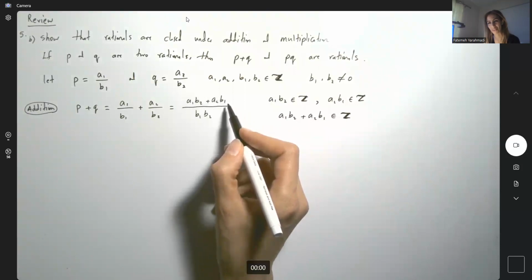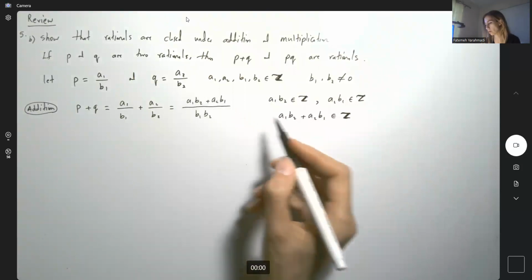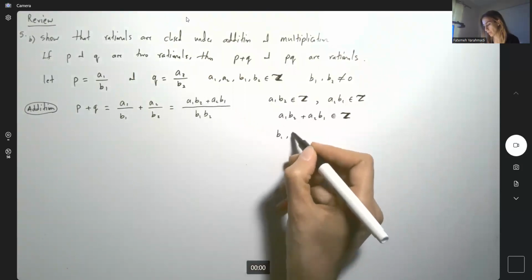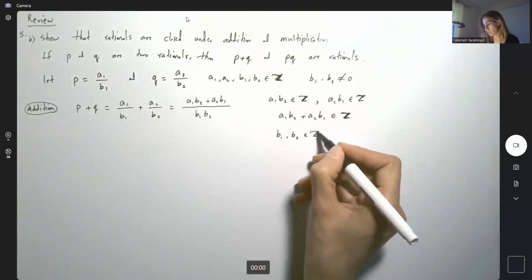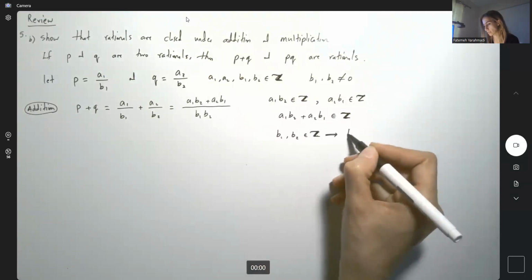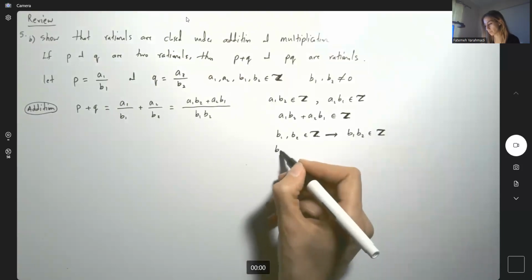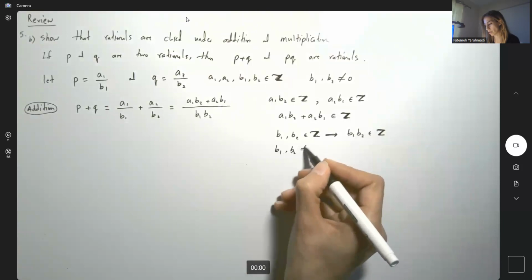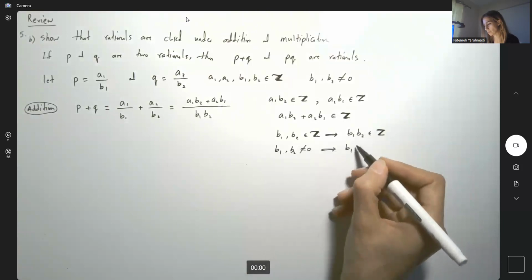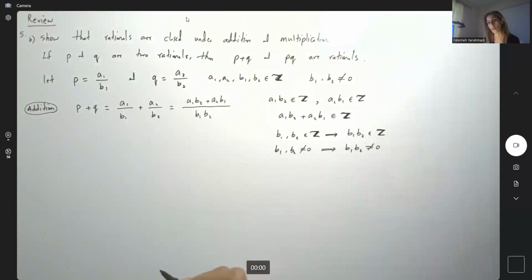Remembering the definition of a rational number, the denominator B1 and B2, both of them are integers, so is B1 times B2. And at the same time, since B1 and B2 are non-zero, you can conclude that B1 times B2 is non-zero.